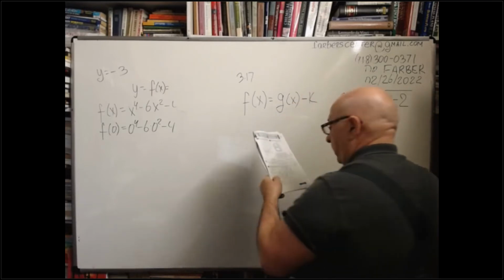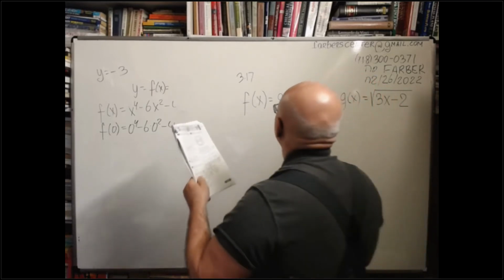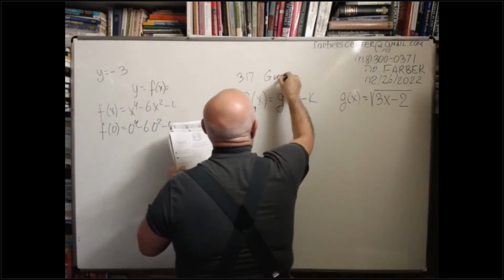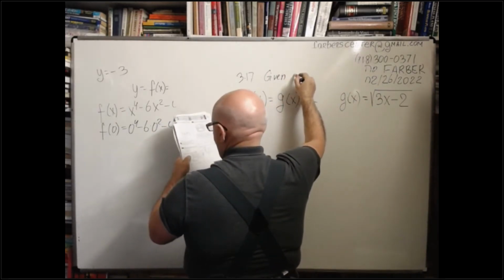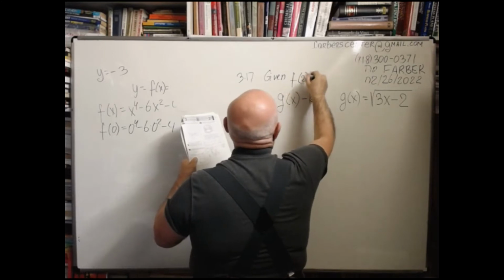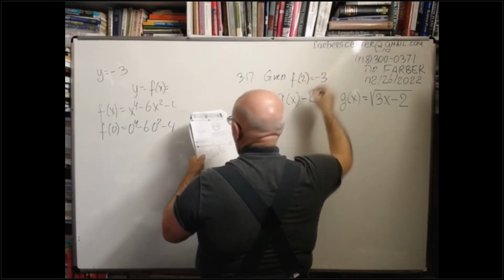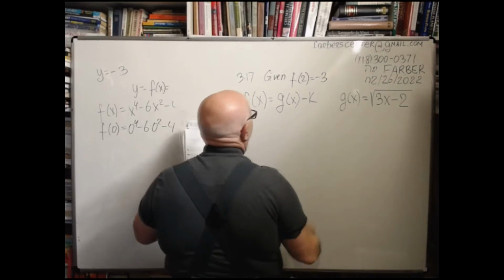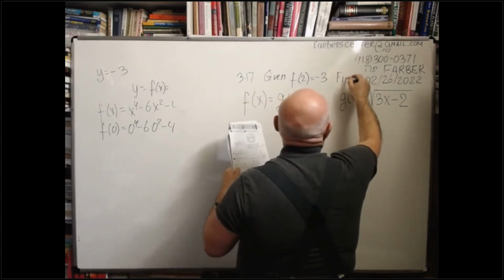The question is, given f of 2 equals negative 3, find k.